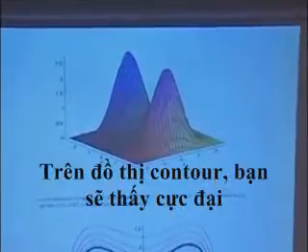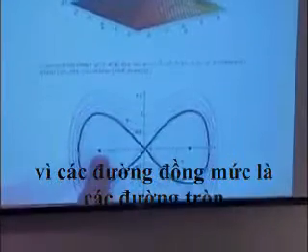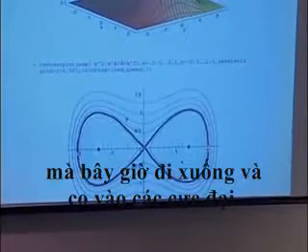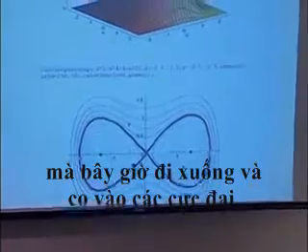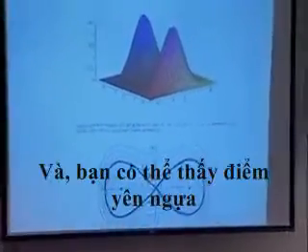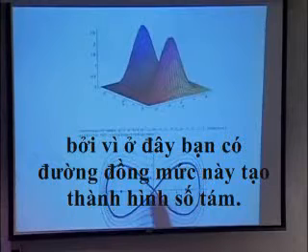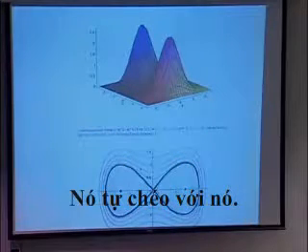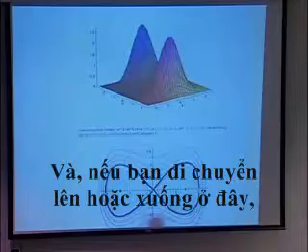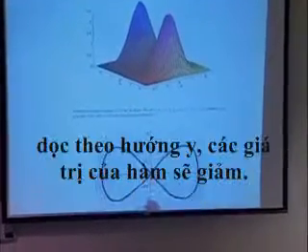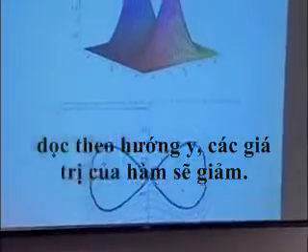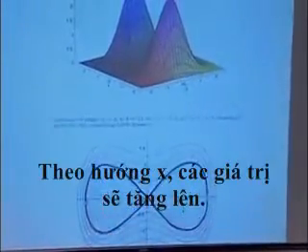On the contour plot, you see the maxima because the level curves become circles that narrow down and shrink to the maximum. And you can see the saddle point because here you have this level curve that makes a figure 8. It crosses itself. And if you move up or down here, so along the y direction, the values of the function will decrease. Along the x direction, the values will increase.